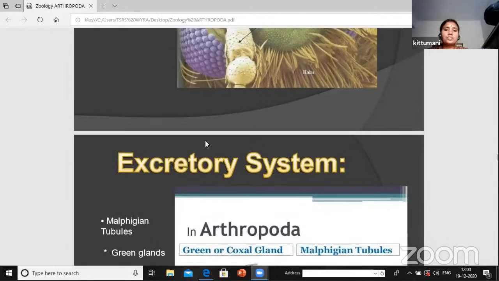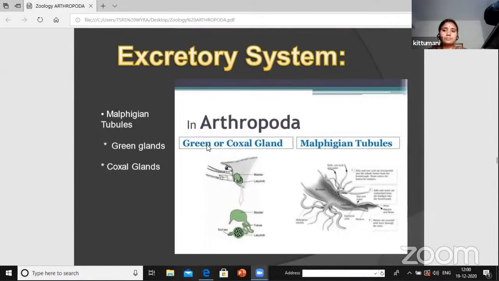Okay, the next, the excretory system. What is it, students? The excretory system has Malpighian tubules, green glands and coxal glands. These are the excretory organs of the phylum Arthropoda. What are they, students? Malpighian tubules, green glands and coxal glands.